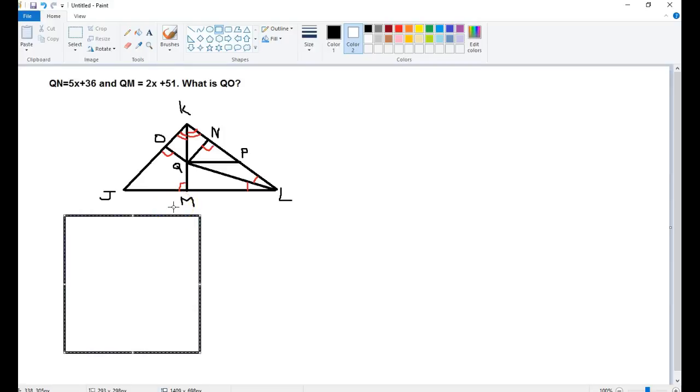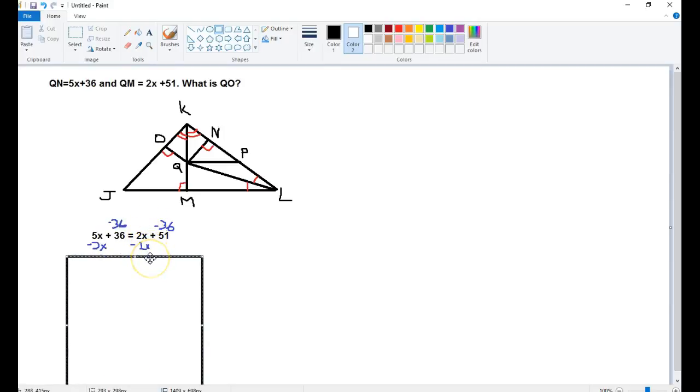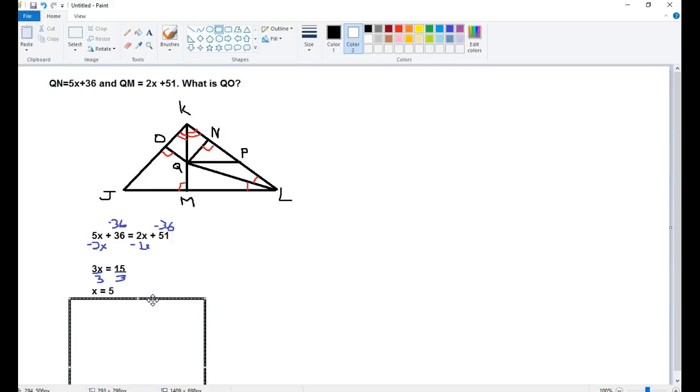Since they're all equal to each other, I can set these two things equal and solve for x. So I have 5x plus 36 equals 2x plus 51. I subtract 2x on both sides, and I subtract 36 on both sides. From here, I get that 3x equals 15, and then I divide by 3 on both sides and get x equals 5.